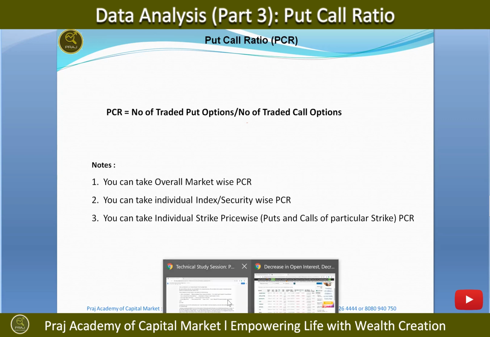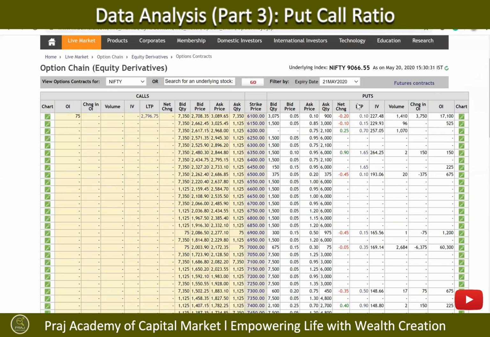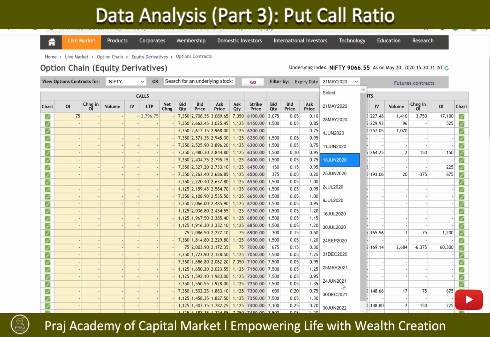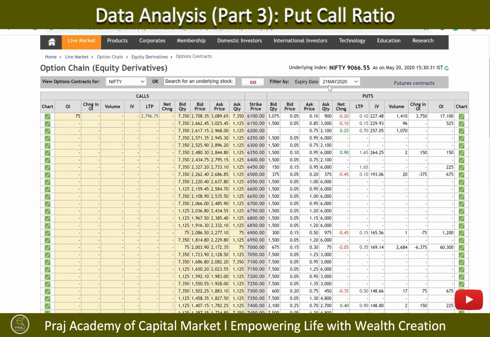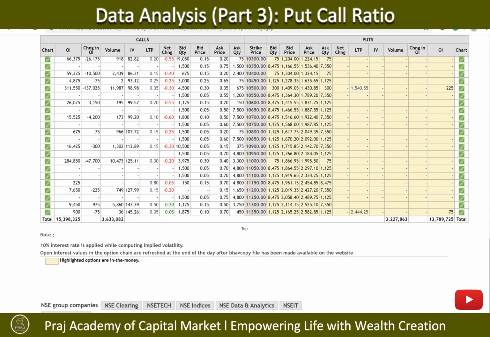So how do we do that? Let's look at it. In this option chain, we've got various expiries. Right now we are looking at 21st May, tomorrow's expiry. Below all these levels, we can see the total number of puts here, and on the right hand side, we can see the total number of calls.